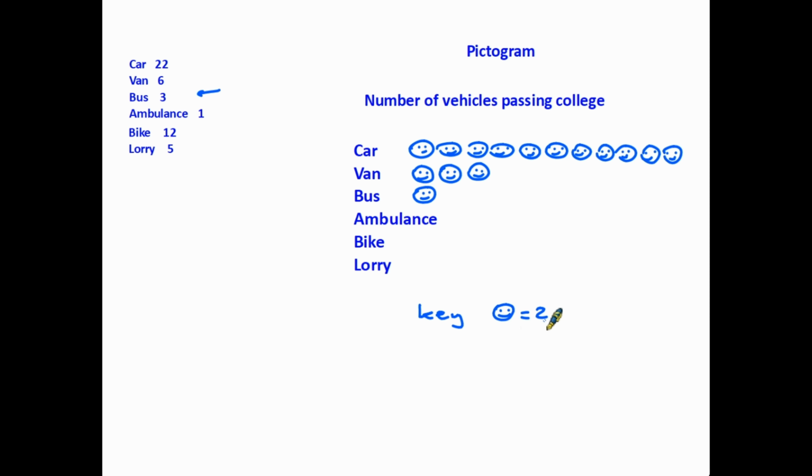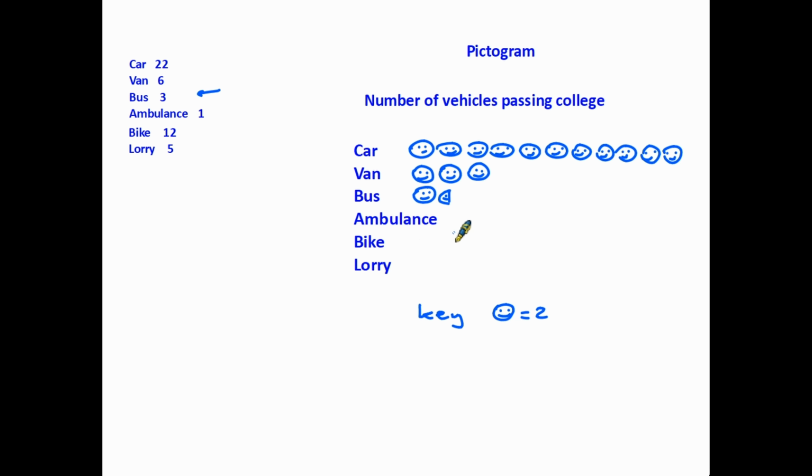If a smiley face is equal to 2, that must mean that half a smiley face, one eye, half a mouth, that must be equal to 1. So actually we have to divide our picture into fractions in order to come up with the right totals.